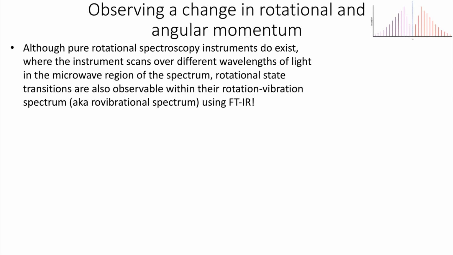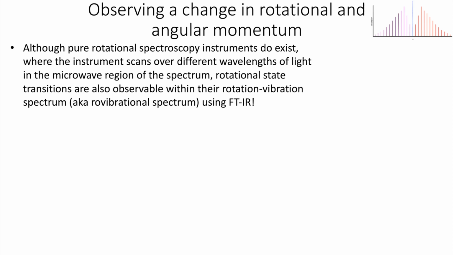All right, so we've covered some of the fundamental quantum mechanics underlying rotational spectroscopy. Now let's talk about actually making these measurements. While pure rotational spectroscopy instruments do exist, in the microwave region, it's actually possible to observe these rotational states using Fourier transform infrared spectroscopy. In doing this, you have to look at the rovibrational spectrum.